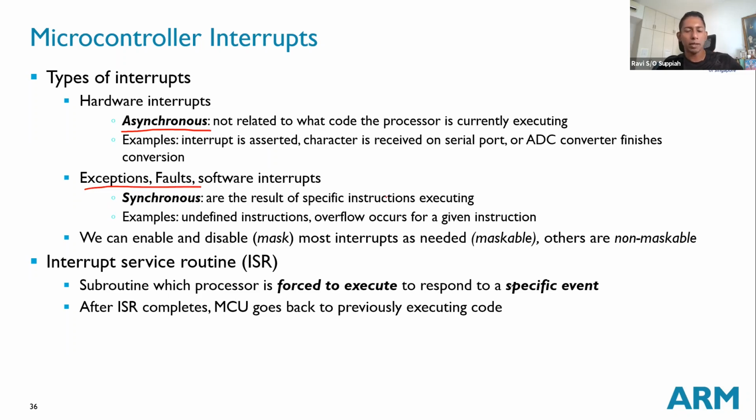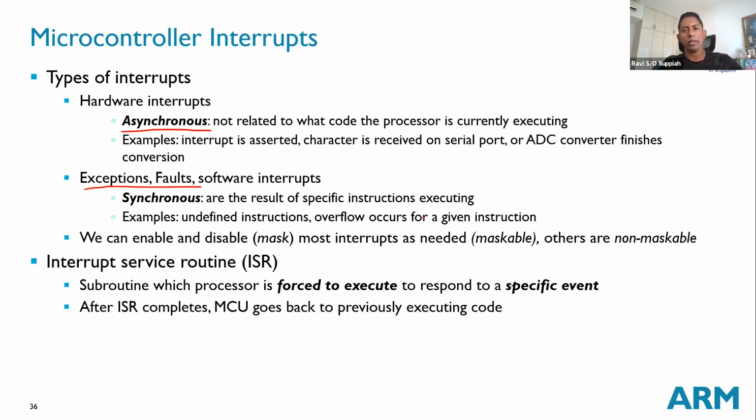For example, your program tries to access an instruction or an address that it is not supposed to. Then that could lead to a memory fault, or some overflow occurs for some instruction.